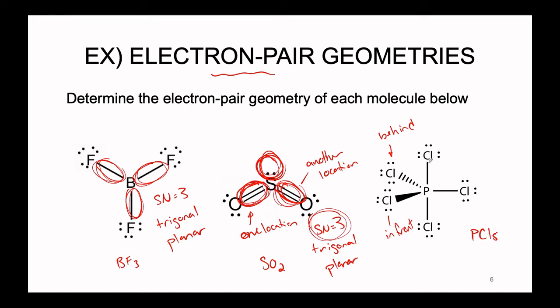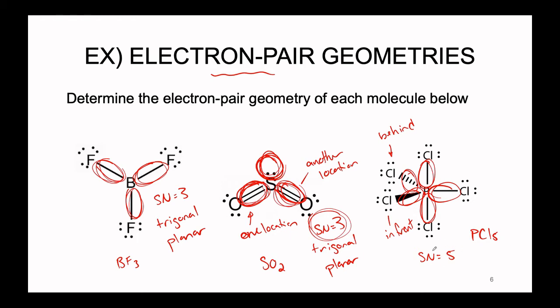All right, so let's count how many bonding pairs we have, or how many locations of electrons around this phosphorus. You can see we have 1, 2, 3, 4, 5. There are 5 bonds and no lone pairs, meaning that our phosphorus pentachloride has a steric number equal to 5.